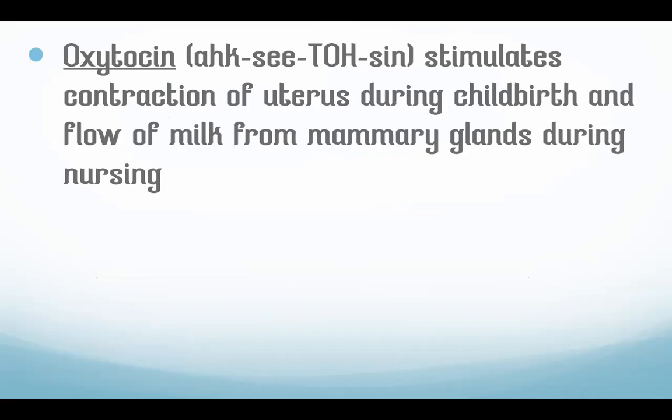The hugging hormone. So the action of oxytocin is that it stimulates the contraction of the uterus during childbirth, and it stimulates the flow of milk from mammary glands during nursing. Nursing is breastfeeding after the baby is born.